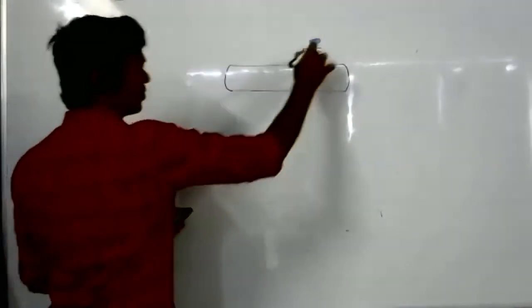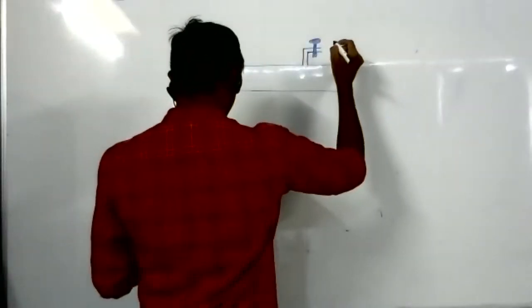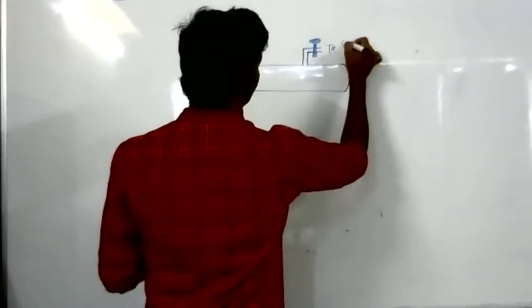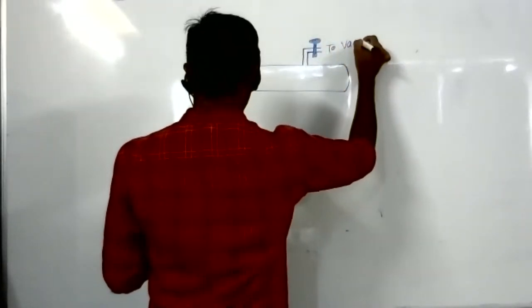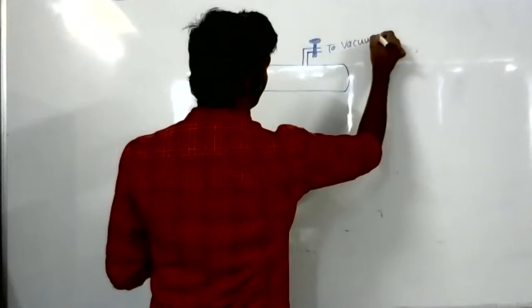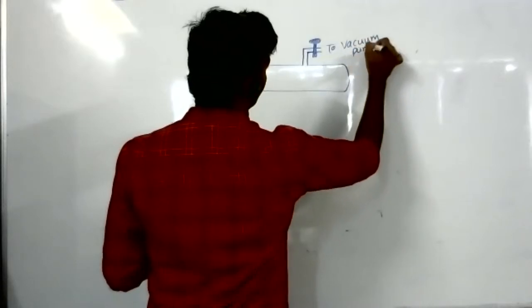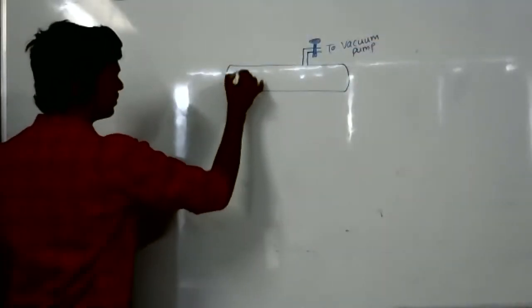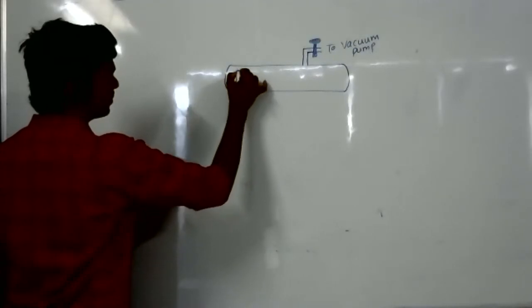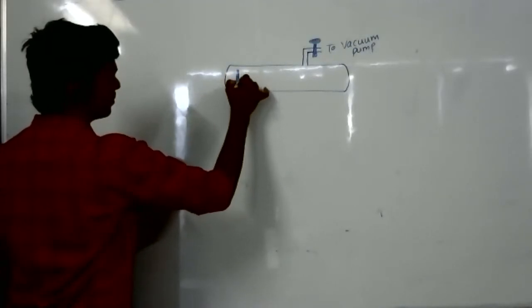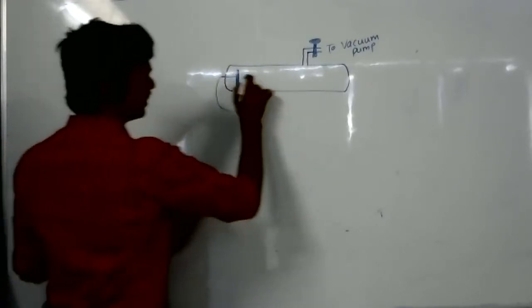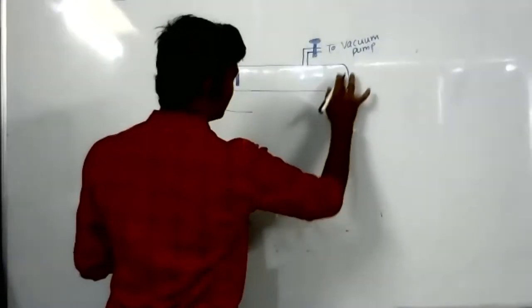This side tube is connected to vacuum pump. This is cathode plate. Here this side anode plate.